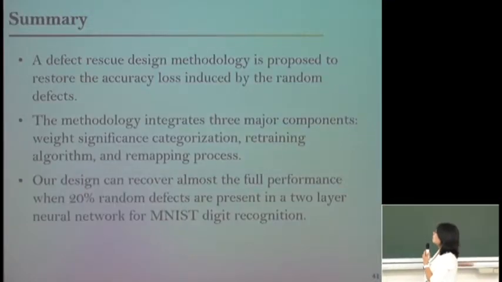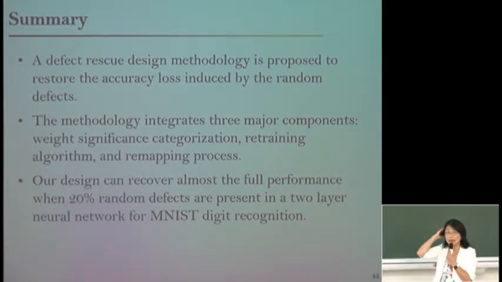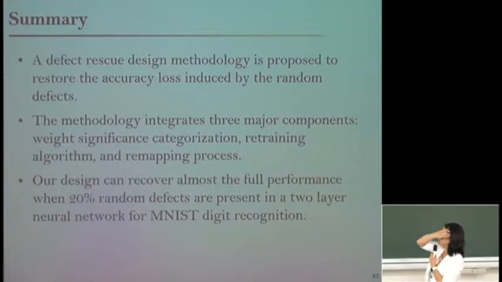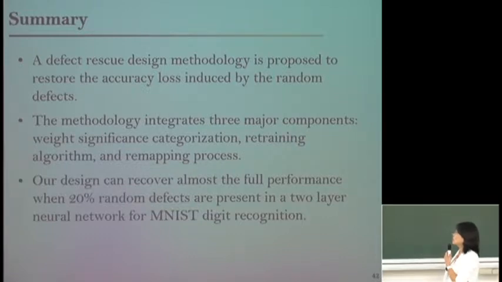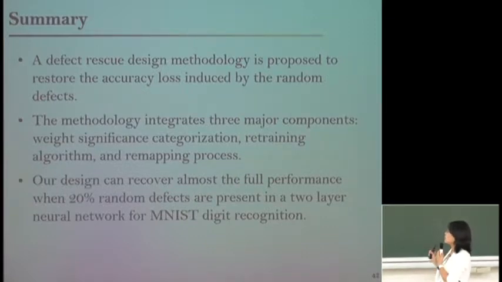A quick summary on the reliability part: a defect rescue design methodology is proposed. The goal is to restore the accuracy loss induced by random defects. The methodology integrates three major components. First, weight significance. Second, retraining algorithms. And third, remapping processes.